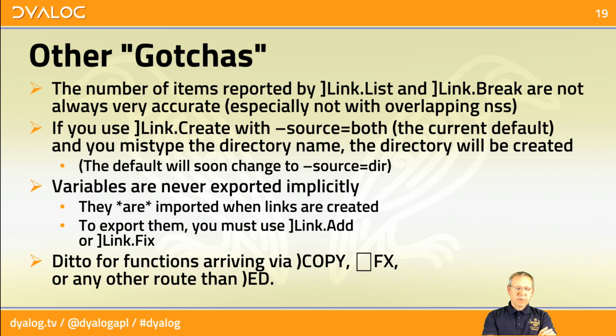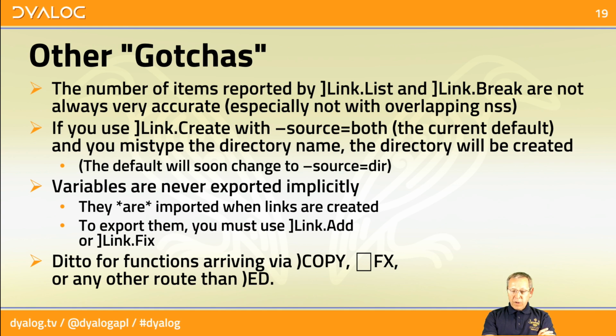I managed to demonstrate that if you use link create with source both and you mistype the directory name, you confuse yourself because you don't get an error message, but instead of loading stuff into the workspace, an empty directory was created. And we've decided to change the default for link create to be source equals directory, in which case you will get an error message if the directory doesn't exist.